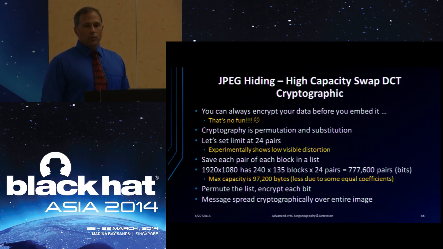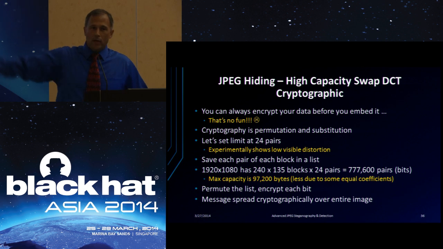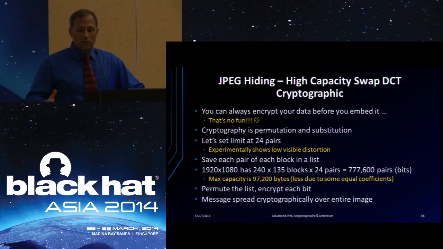It'll do some XOR cryptography and some permutation. Now the permutation is cool because it will then spread the message over the entire image. For instance, if the message is smaller than the capacity of a JPEG, it goes from top to bottom, and so you would see distortion in the top half of the picture and not in the bottom half. So that's a very clear indication that something is going on.